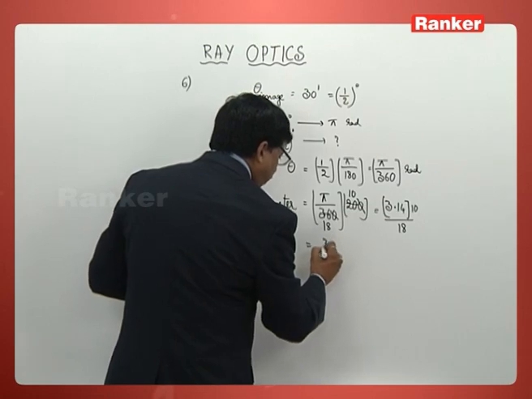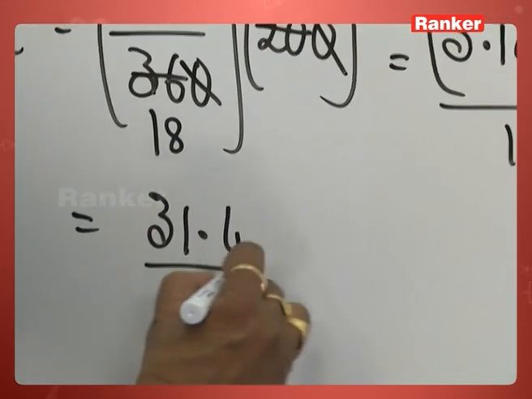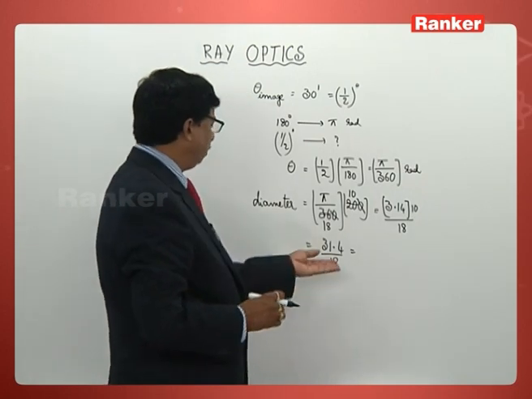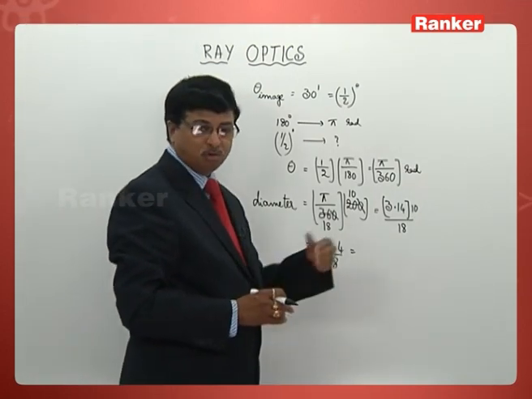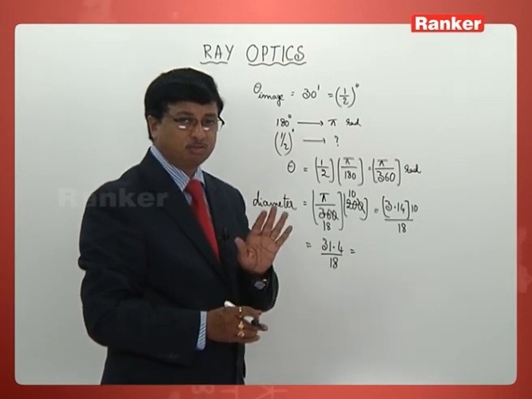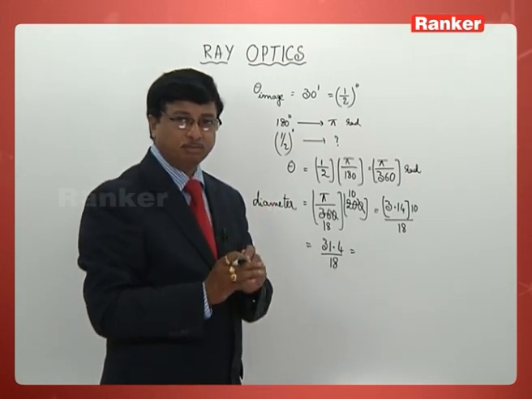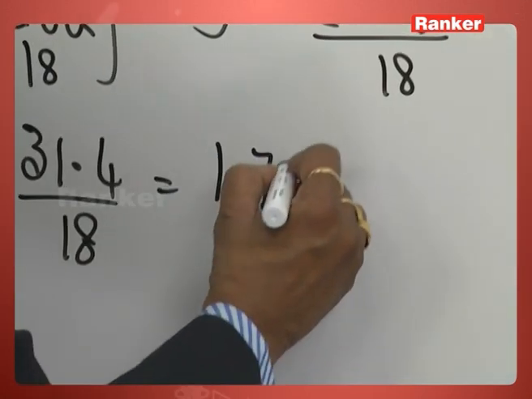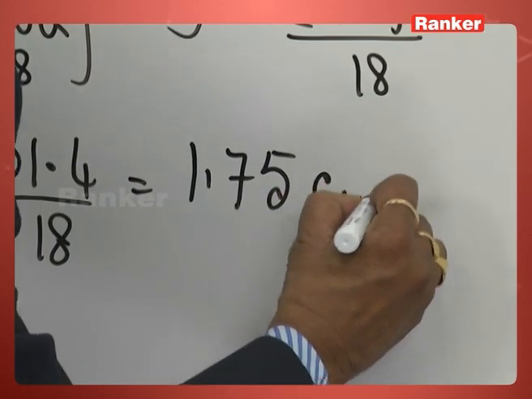Now you can write 31.4 by 18. 2 times 18 is 36. It's more than that, but very close to the value of 2. That much we are certain. Therefore, we can say this value will be around 1.75 centimeter.